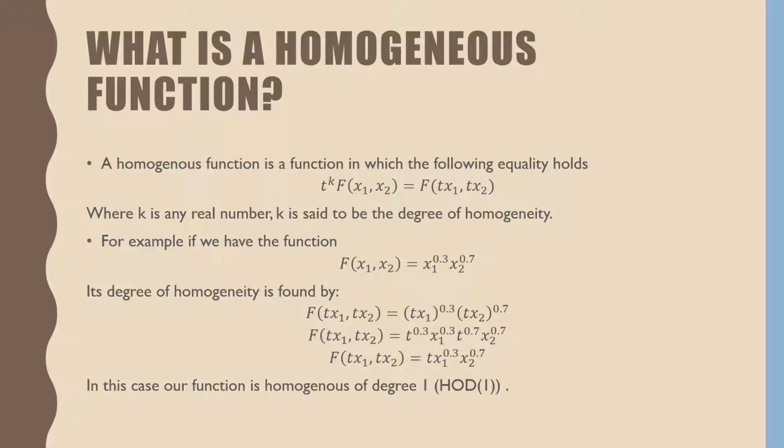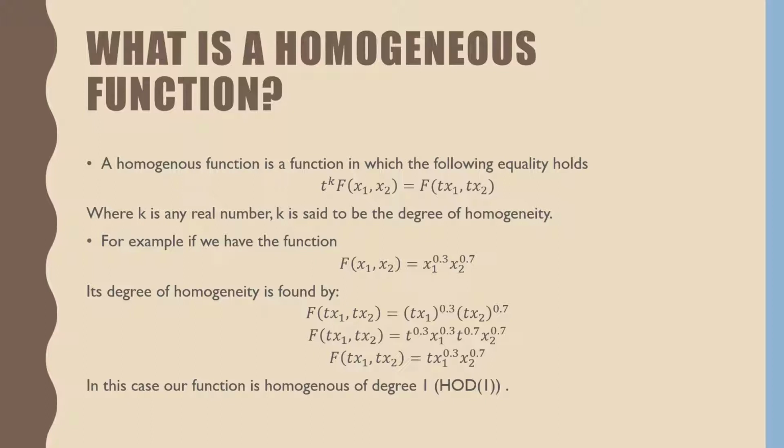For example, if we have the function f of x1 and x2 is equal to x1 raised to 0.3 and x2 raised to 0.7, so this is a Cobb-Douglas function, its degree of homogeneity is found by solving for f of t times x1 and t times x2, which is equal to t times x1 raised to the power of 0.3 times t times x2 raised to the power of 0.7, right?